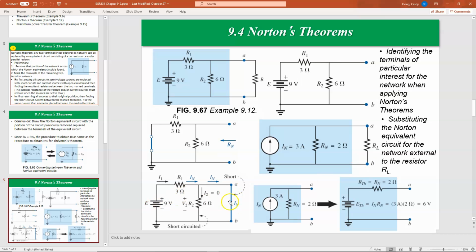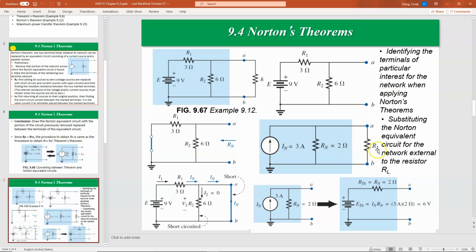For example, if you get the IN here as a negative value, the direction of your current source might be going down, so just pay attention. So you draw your Norton equivalent circuit. The IN equal to 3 ampere is from this circuit, and your RN equal to 2 ohm is from this circuit.